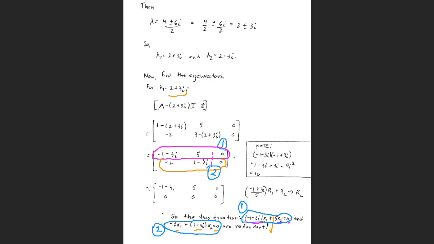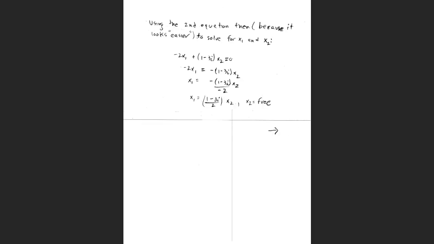Now, the second equation has two variables, and it's one equation. So one of the variables has to be free, right? So what we'll do, let's go ahead. If there are no questions, I'll move on here. What I'll do is use the second equation, and I'm going to solve for x1.